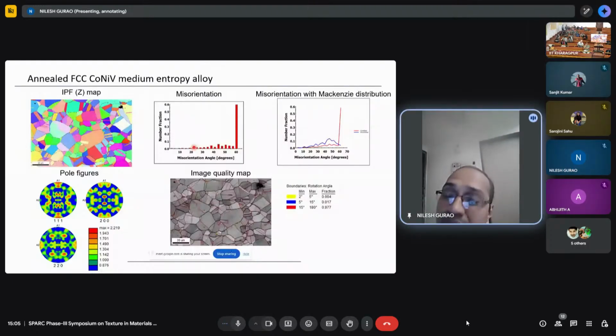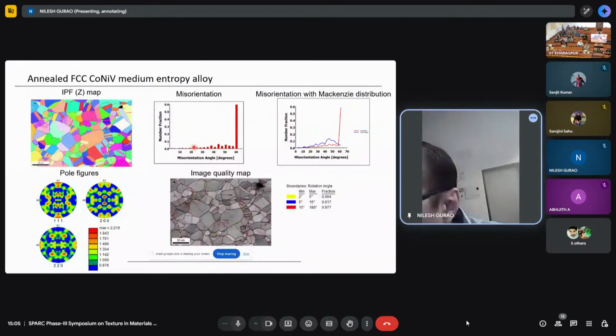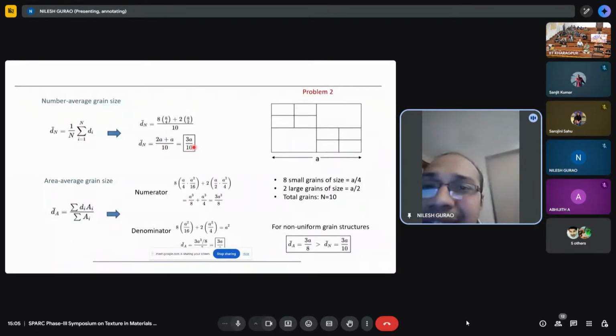Fine. Now we will play a small trick. And what is that trick? Now, instead of these 4 grains, I'm going to have 10 grains. How do I get 10 grains? I take any 2 squares and then I divide each into 4 grains again. So now, how many total grains do I have here?